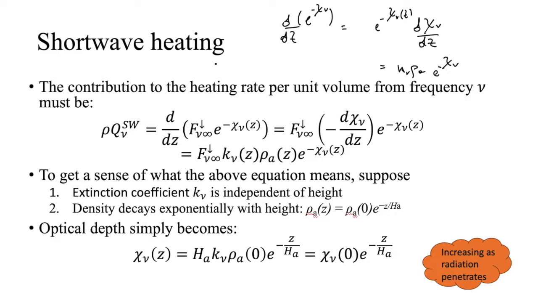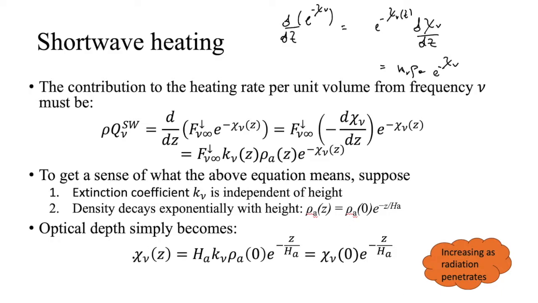Now, just to get some idea, we can assume that k nu is independent of height. We can assume that rho has an exponential form like e to the minus z over h, where h is some kind of scale height.